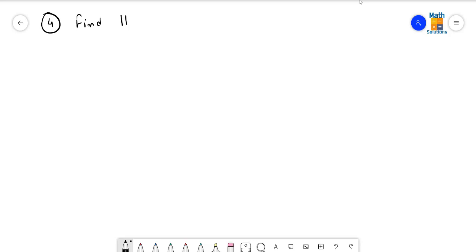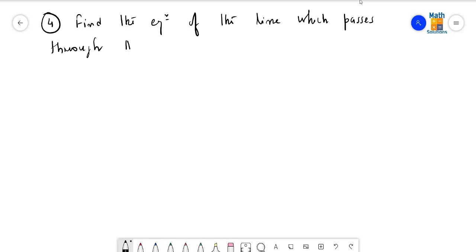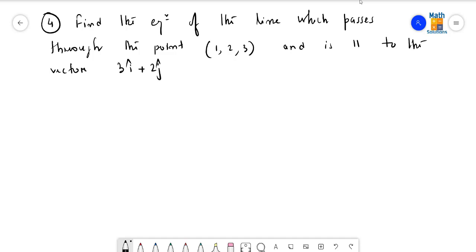Find the equation of the line which passes through the point 1, 2, 3 and is parallel to the vector 3i cap plus 2j cap minus 2k cap.